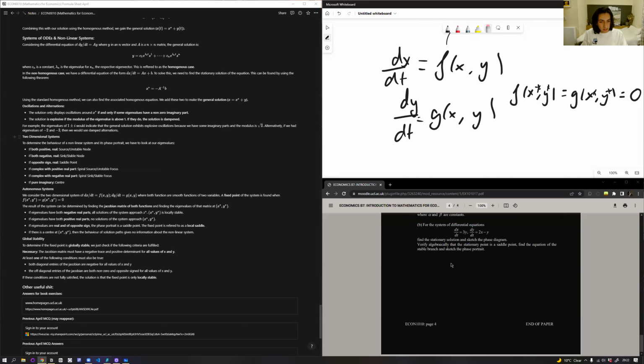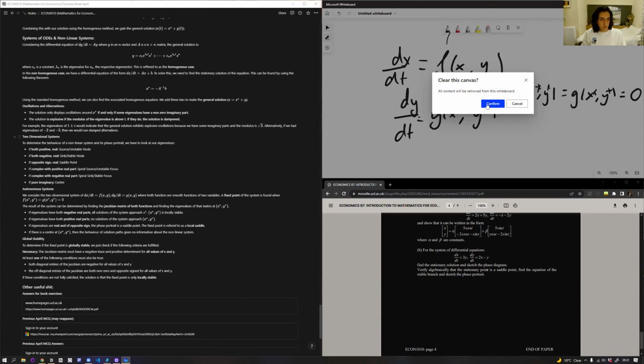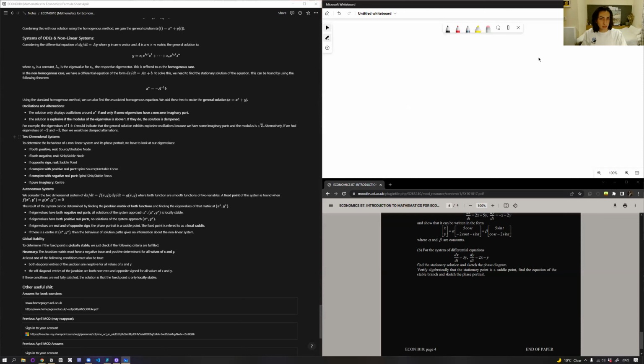So this is a nonlinear system where we've got dx/dt equals 3y, and dy/dt equals 4x minus y.